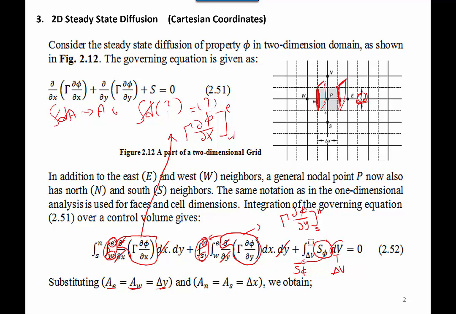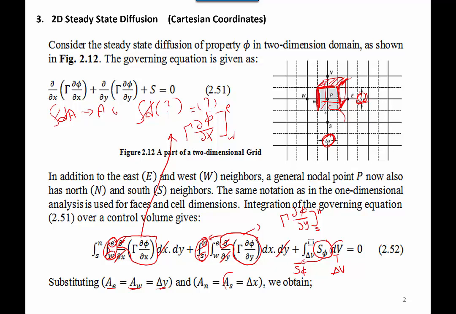The area at the north side is this area. It will be equal to this distance delta x multiplied by the depth, which is dz, 1 unit, and the area at the south interface will be the same as before, delta x multiplied by 1 unit depth of delta z.